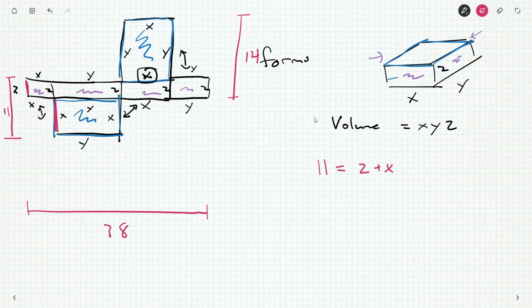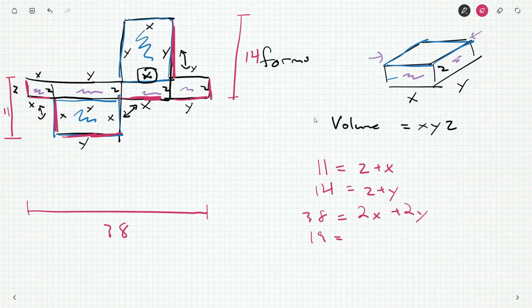We know this 14 is z plus a y. And we know this 38 is x plus y plus x plus y. So that's 2 x's and 2 y's. I'm going to divide this by 2 to get 19 is x plus y.